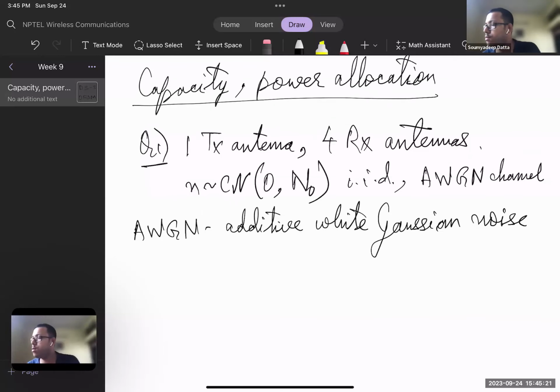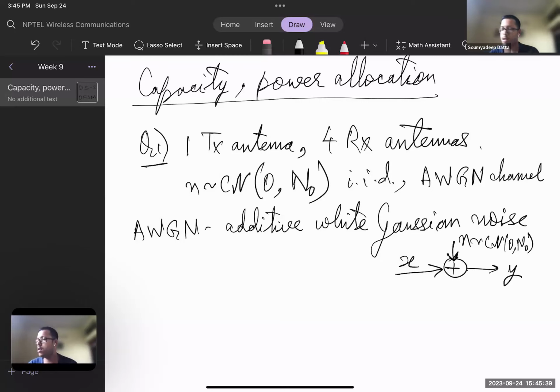What you have here is just your signal X, which comes into this channel, and nothing happens other than the addition of noise, which is Gaussian, for example 0, N naught. So some noise is added, and then you get your output. We are not considering fading and all of this.